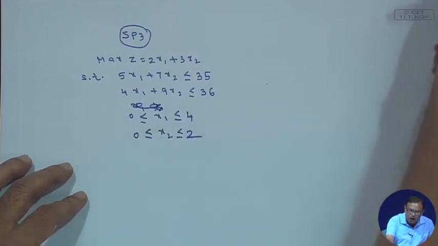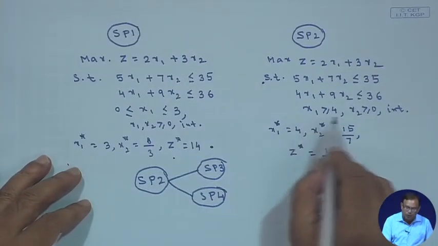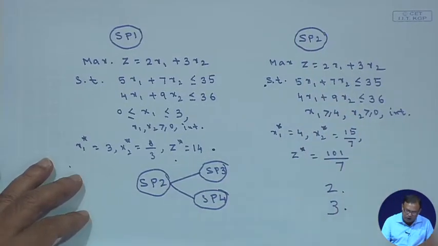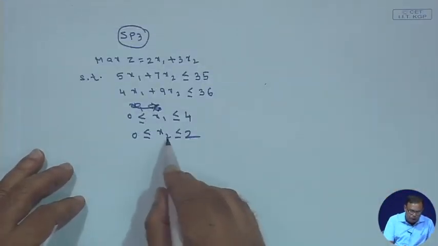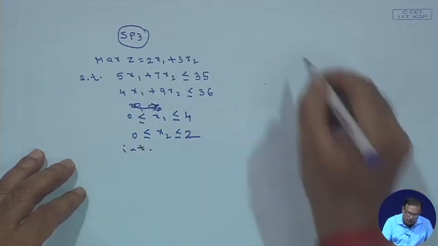So, whatever was there along with this your x1 must lie in between now 0 to 4, at 4 we obtained the solution. So, x2 lower bound is 2, upper bound is 3, for that reason here I have added x2 lies between 0 to 2 and x1, x2 should be integer.